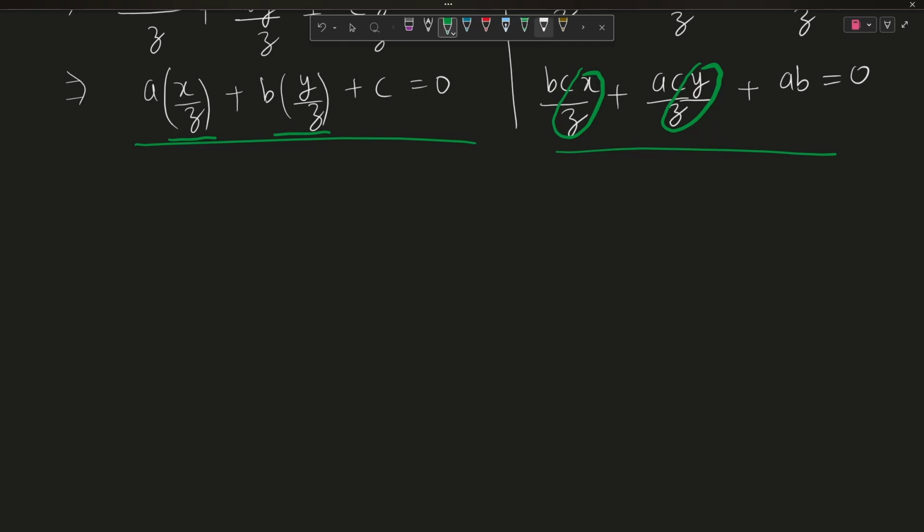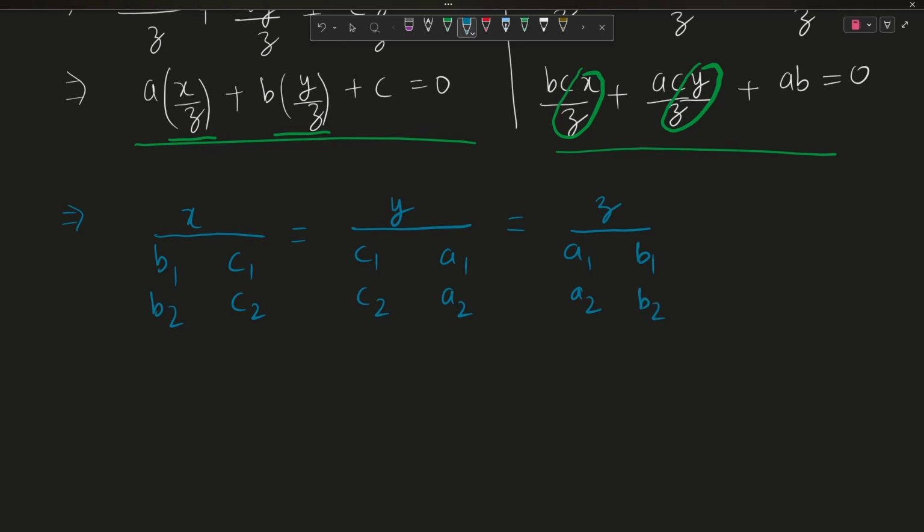So to solve these equations using cross multiplication, we can do what? Again, use that same formula, which is x upon b1 b2 c1 c2 is equal to y upon c1 c2 a1 a2 is equal to z upon a1 a2 b1 b2.